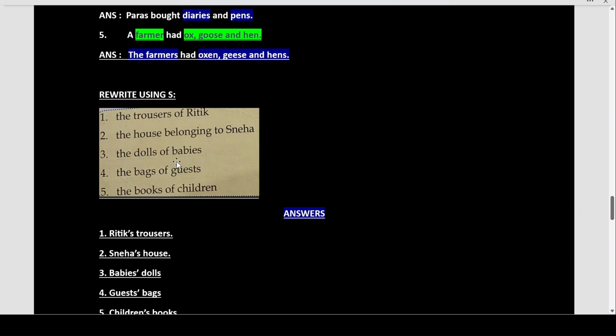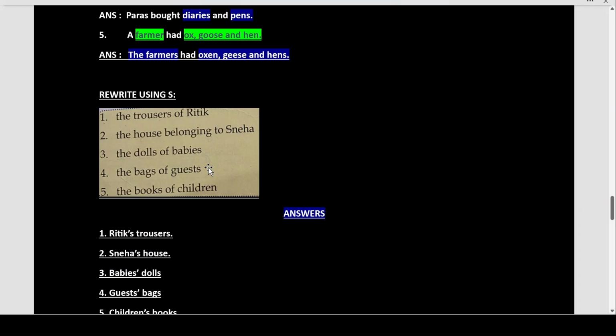Now, the dolls of babies. Can you see that babies is the plural form of the word baby? And the bags of guests. Guest is your singular form. Guests is the plural form. Now, in this 3 and 4, that means babies and guests, these plural forms are ending in S. Babies ends in S and guests also end in S. So, these two examples are important.